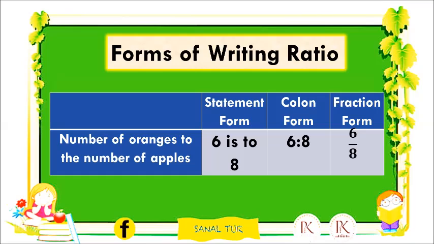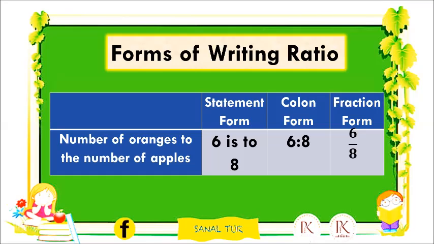How many oranges do we have? We have 6. So 6 comes first, followed by the word "is to", followed by the number of apples. So 6 is to 8. When we say statement form, the words "is to" are in between the two numbers.